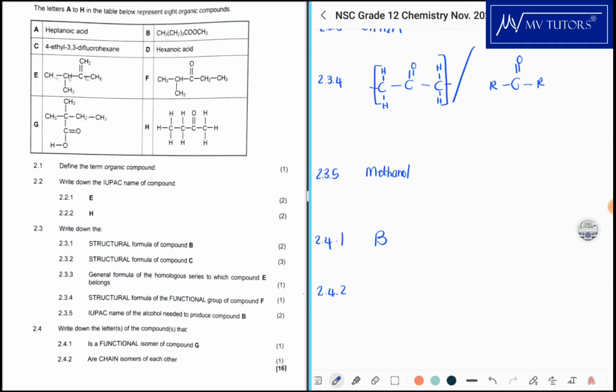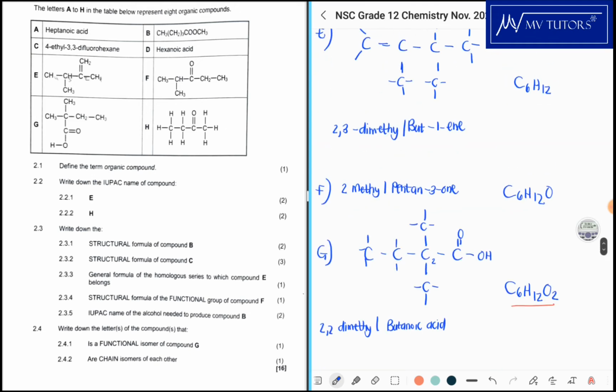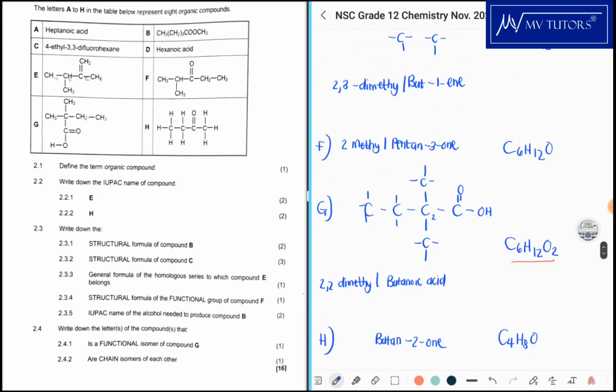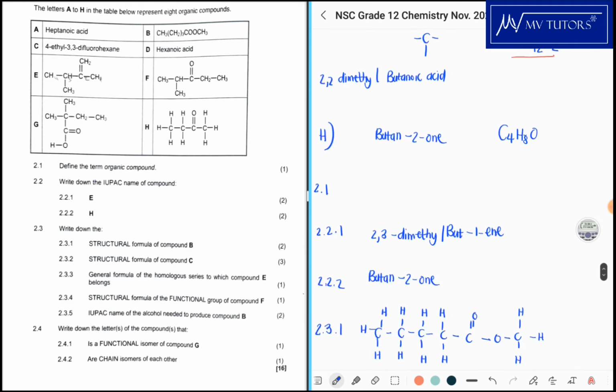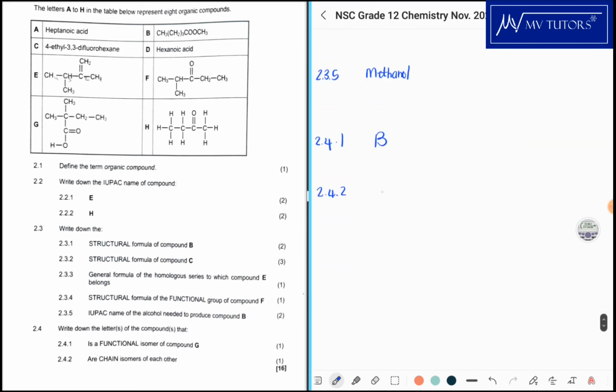One can be branched, one can be straight, etc. We identified that G is an isomer of B, which is also an isomer of D. D is an acid, hexanoic acid. G is also an acid, butanoic acid. So I would say G and D, or D and G, are chain isomers of each other.